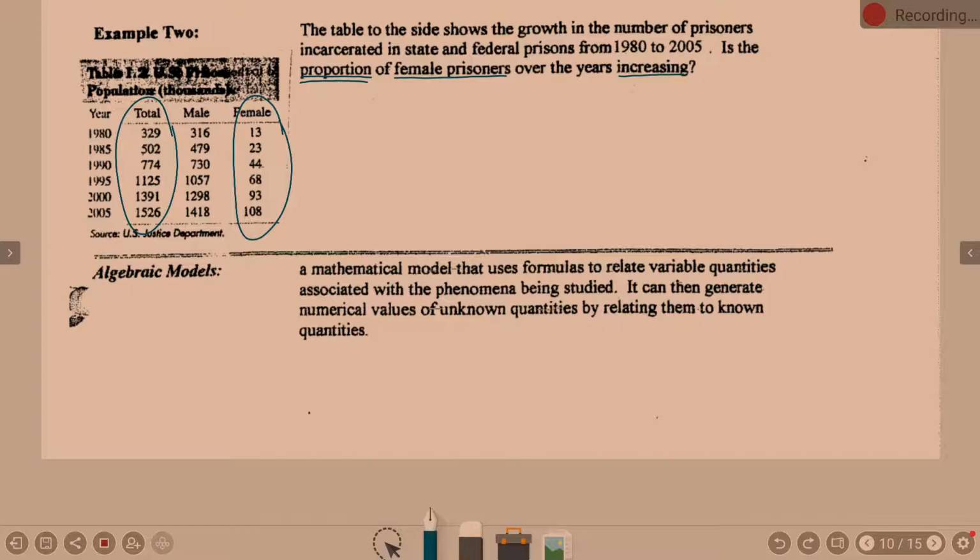Okay. Everyone has a calculator out, right? Everyone has their calculator with them.